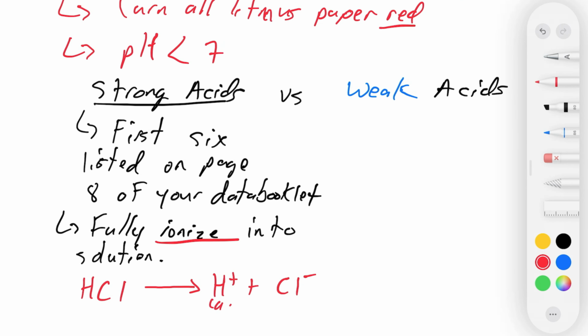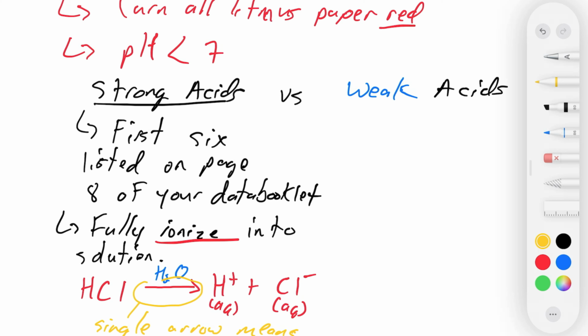Okay, and of course the mechanism would be water, but as Bronsted says, it doesn't have to be the only mechanism. Sorry, I put H2O, but it should be H2O over here. So it's not the only thing, but that is the mechanism that we focus on. And so this single arrow here means full ionization.